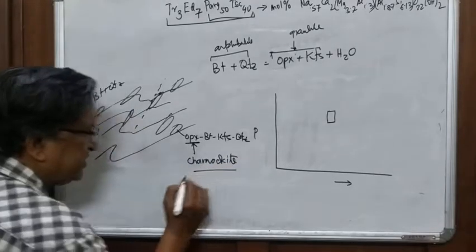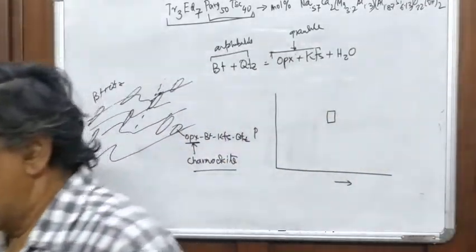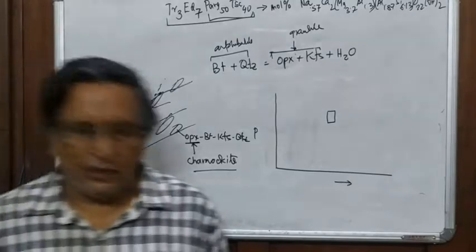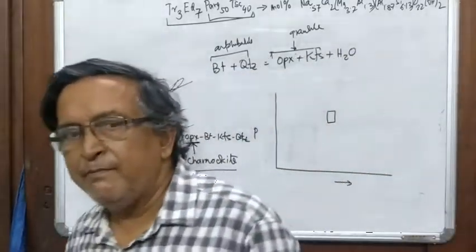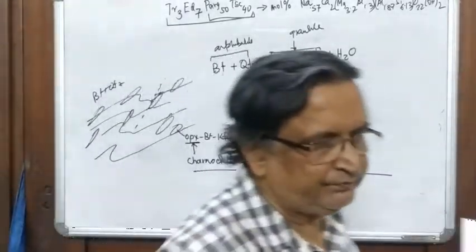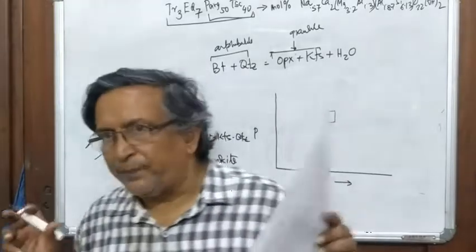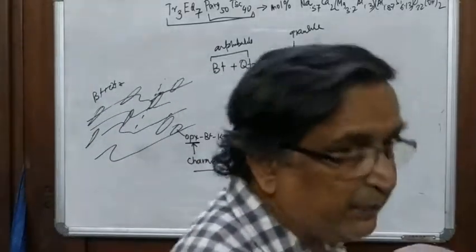There is a strong problem with charnockite. Charnockite, in the classical sense of North American geology, is a granite which contains magmatic orthopyroxene. That is a charnockite. So the orthopyroxene is a liquidus phase. Have you understood? It's a liquidus phase.